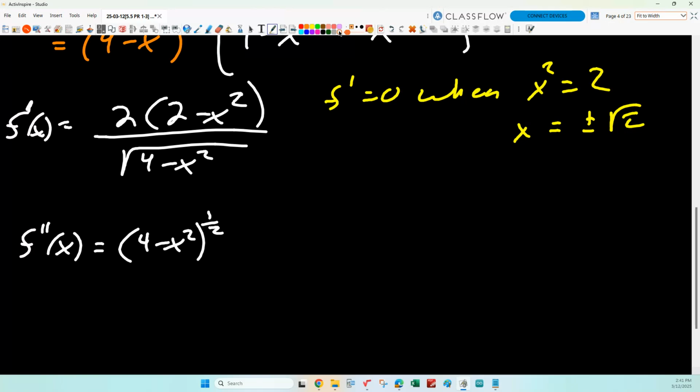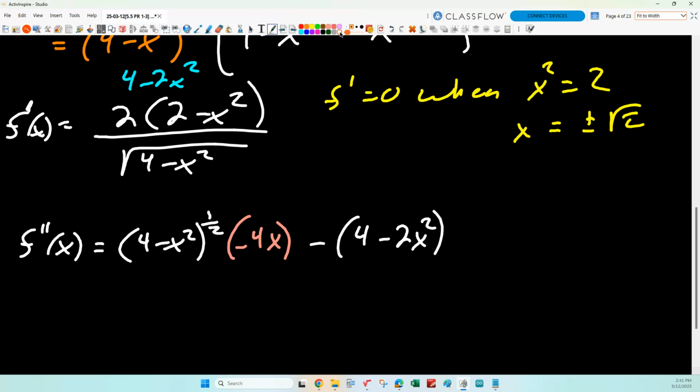And if you want, it might be more convenient to write this as 4 minus 2x squared. That's fine. So the derivative is negative 4x minus high, and let's just call it 4 minus 2x squared, d low.